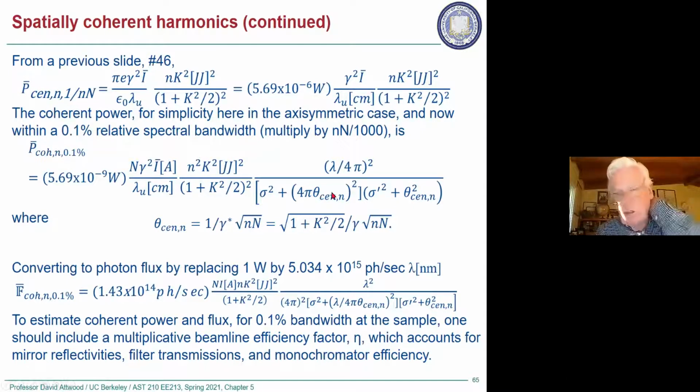The facilities all take this into account very carefully, but for us, it's not going to change our numbers much. We can leave it out. And the same thing here, we can use the central radiation cone; the divergence factor won't be such a big thing. We can also convert watts into photons per second and change the units.